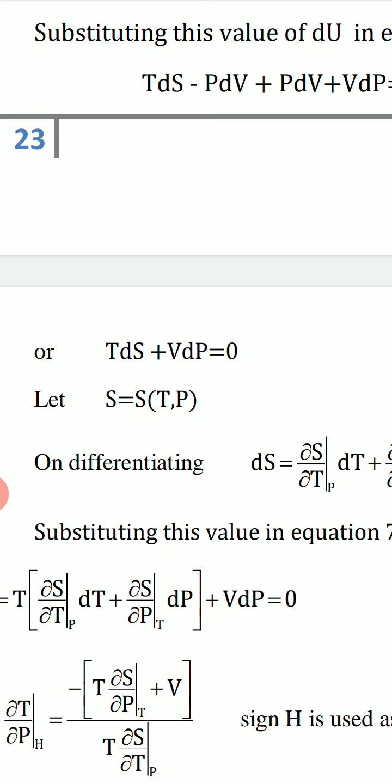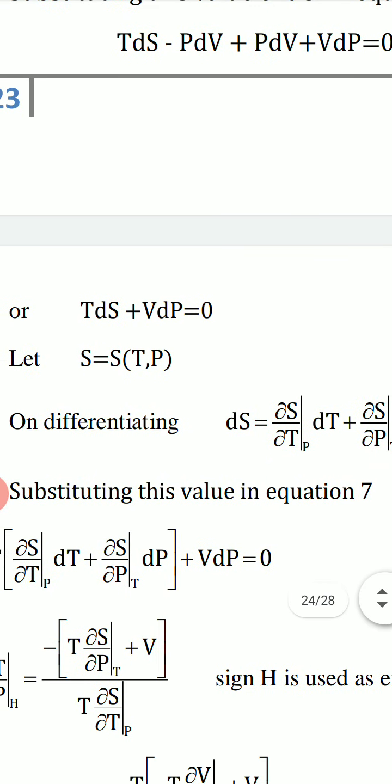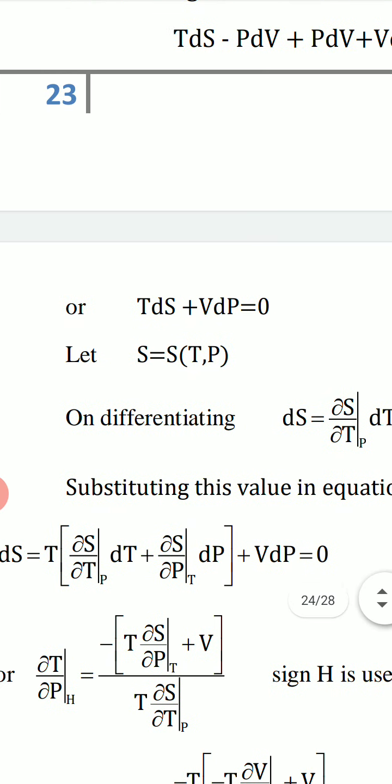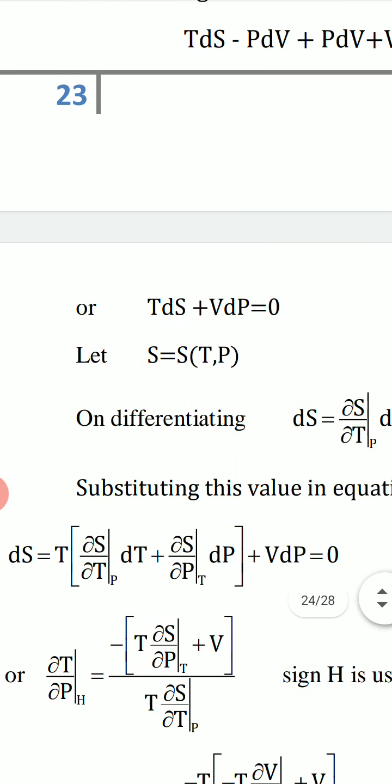Now we want to find delta T with respect to delta P. We want to find the change in temperature delta T, and we are changing the pressure, so we have this change in pressure as delta P. So we want a relation between delta T and delta P, and in this equation we have dP, change in pressure, but in the first term we have dS.